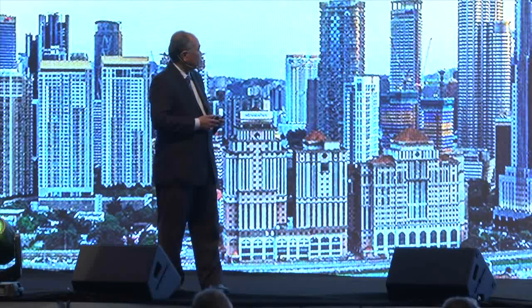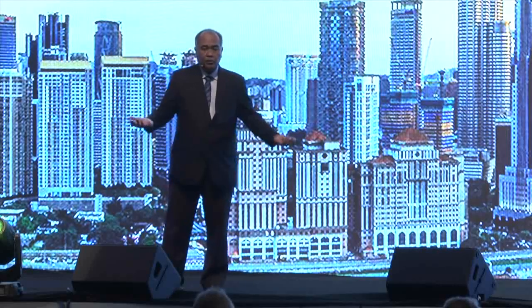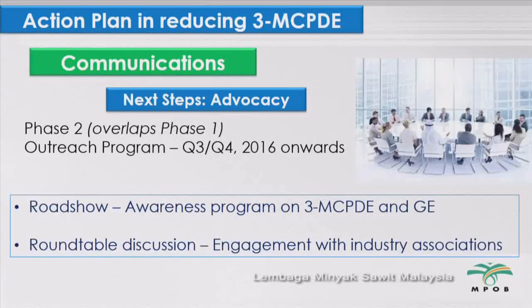Now, what we are doing here is communicating with the stakeholders. The next step is communication, sometimes called advocacy or an outreach program. We are doing roadshows for an awareness program, as some members of the industry have not heard this word. When we had our stakeholder consultation in early July, some of the captains of the industry said this was the first time they were hearing it.